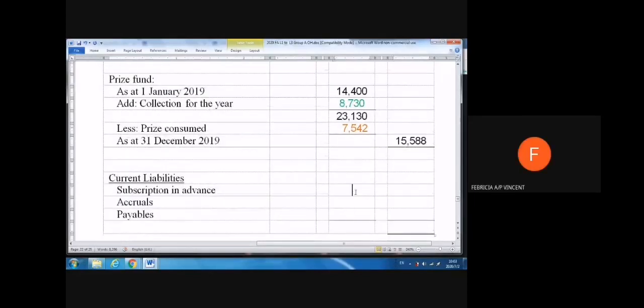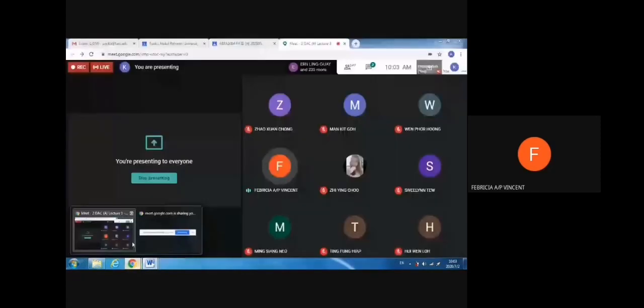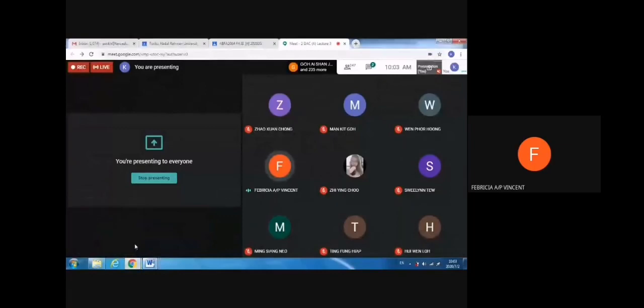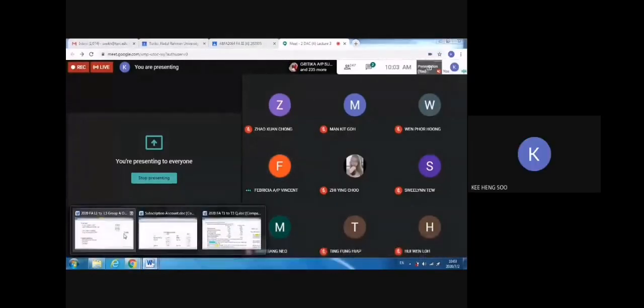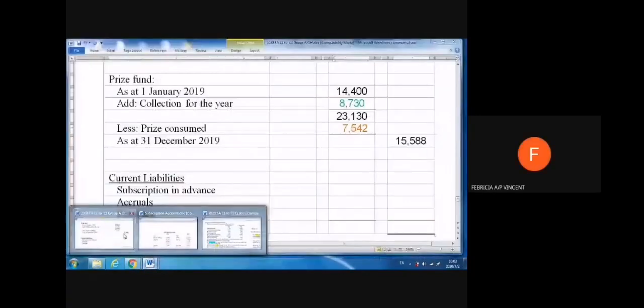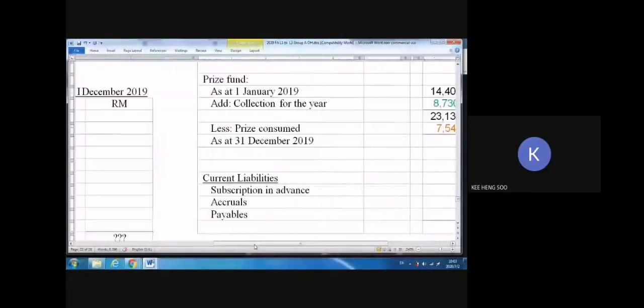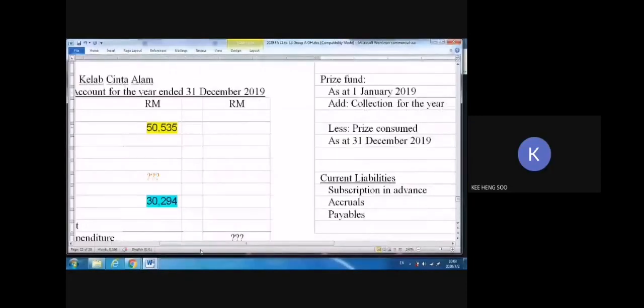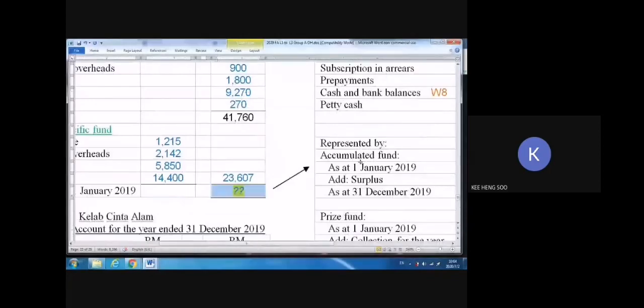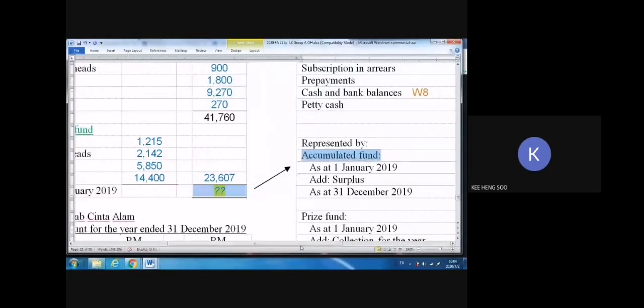And then the accumulated fund. Accumulated fund, what happened? Accumulated fund is from here, as I mentioned. How you got the working here, transfer up here. Do you see that? Accumulated fund plus the surplus. Surplus is at the bottom here.